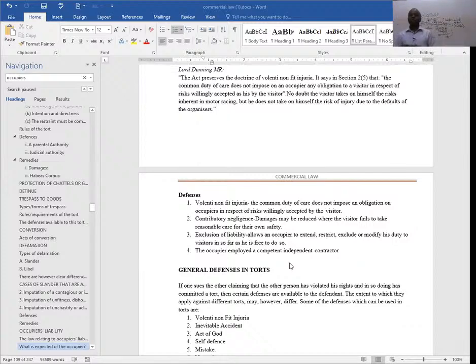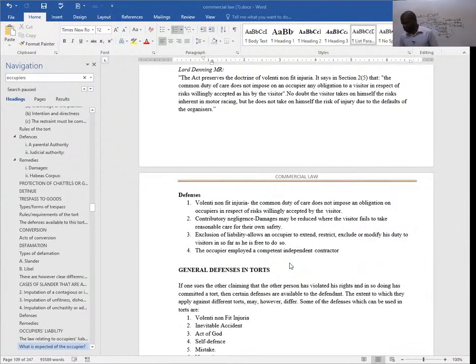So the supermarket won't be held responsible because of this principle. The customer voluntarily accepted the risk that the floor is very slippery, and still went ahead and entered the supermarket to shop. So if he accuses this supermarket of occupier's liability, they can defend themselves by stating that the customer voluntarily accepted the risk.